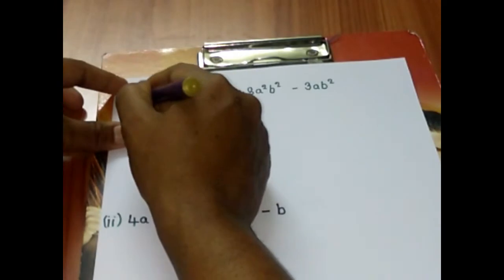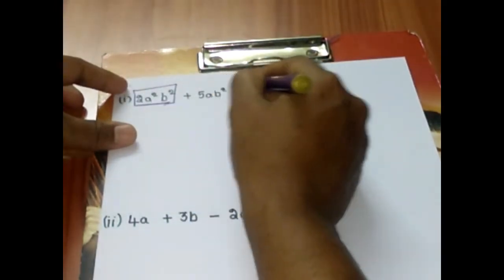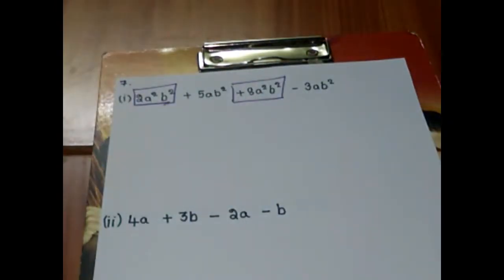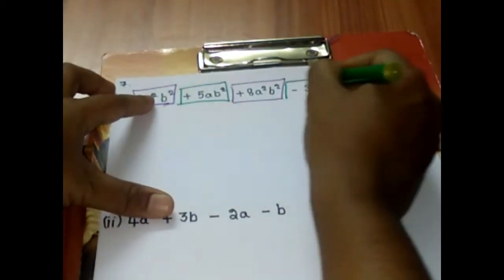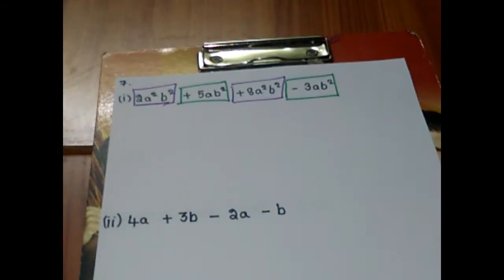One with 2a square b square and 8a square b square, first group, see the coefficients a square b square, and the second group of like terms is plus 5ab square and minus 3ab square. So what is the first step?